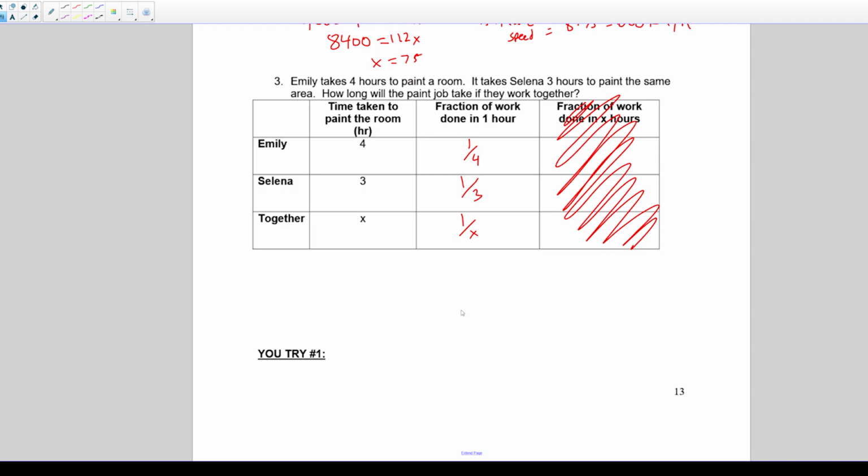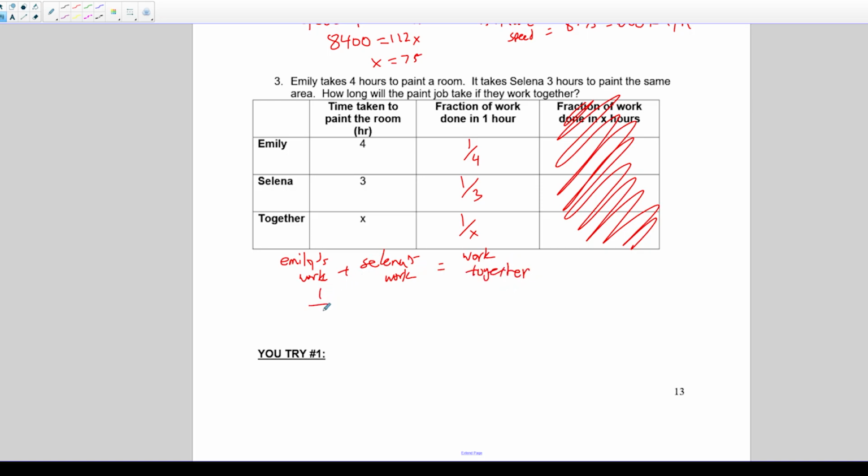So from here, we can come to the conclusion that maybe you can write it like this: we can talk about Emily's work plus Selena's work equals work together, is how we can take a look at this.